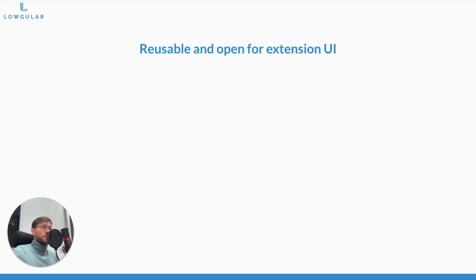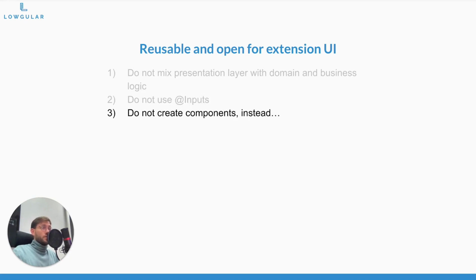And okay, based on the whole story, we can make a set of rules for how to create reusable and open for extension UI components. First, do not mix the presentation layer with domain logic. Second, stop using inputs. Third, do not create components.